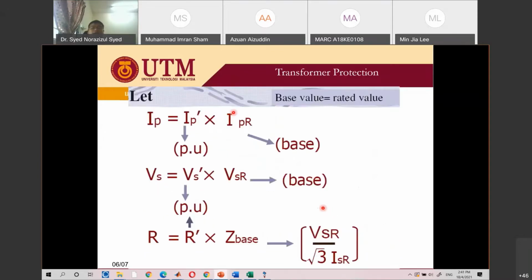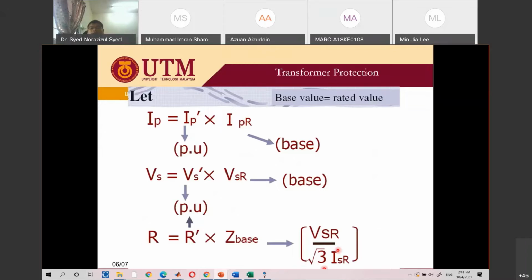Then this I primary is equal to IP prime times IPR. Basically it's just to change to per unit, and because it's from primary to secondary, you have to use the IP prime base. At the end of the day, I think this is the only equation that you use.